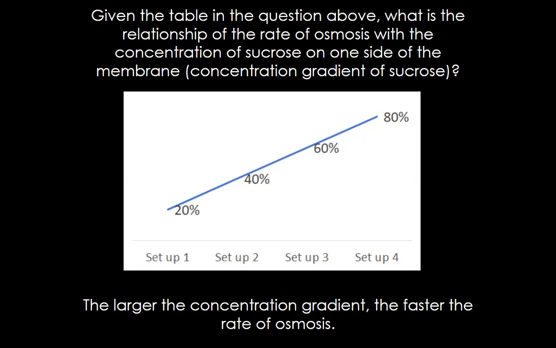And this is because the larger the concentration gradient, or basically the larger the inequality across a semi-permeable membrane, the faster the rate of osmosis. And this is because the system would want to achieve a state of homeostasis or balance at a faster rate with a greater degree of inequality.